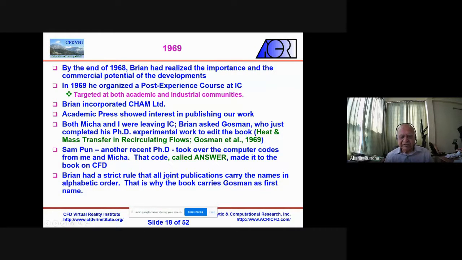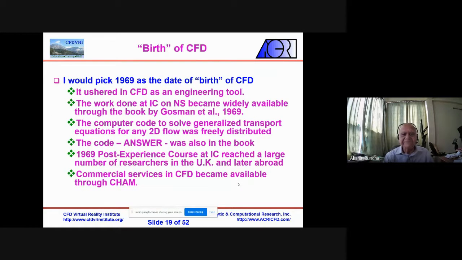Brian had a strict rule that all joint publications carry the names in alphabetic order. That's why people ask me, how come Gosman's name comes first in the book, when he wasn't even part of doing any CFD at that time, though he did quite a bit of work later. It's because at Imperial College, if you look at Spalding's publications, they're always in alphabetic order, which was, I think, a good rule.